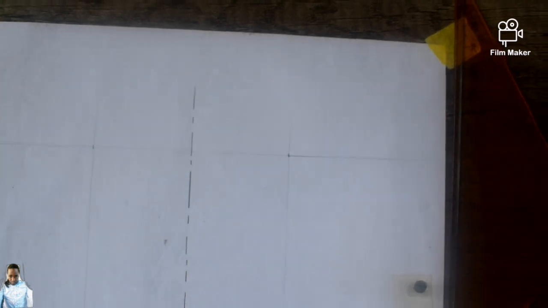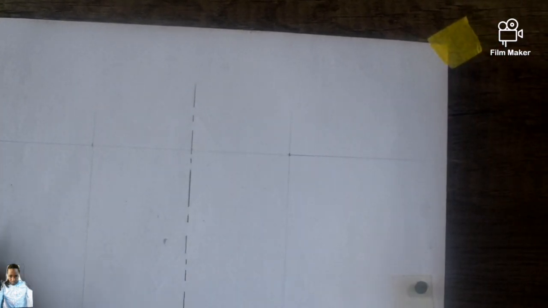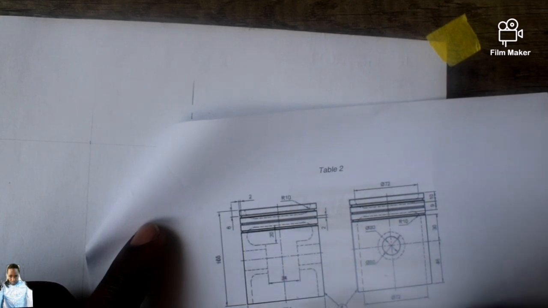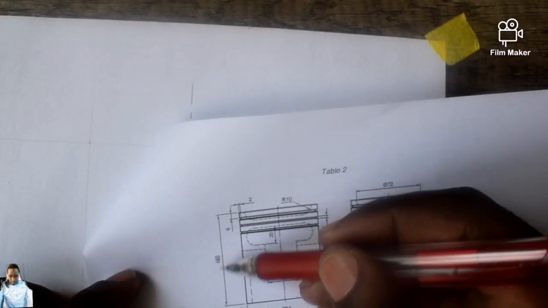Then let me see, can you see it clearly? Yes. So now where are we? It's good, as if we are now there. From here going down, is it 100 millimeter?